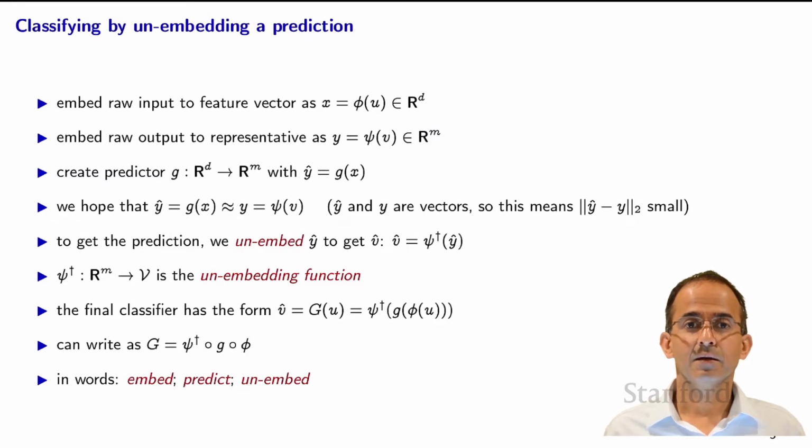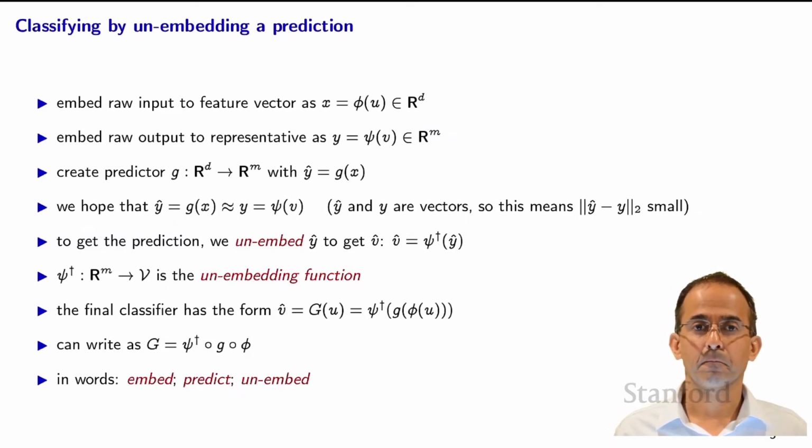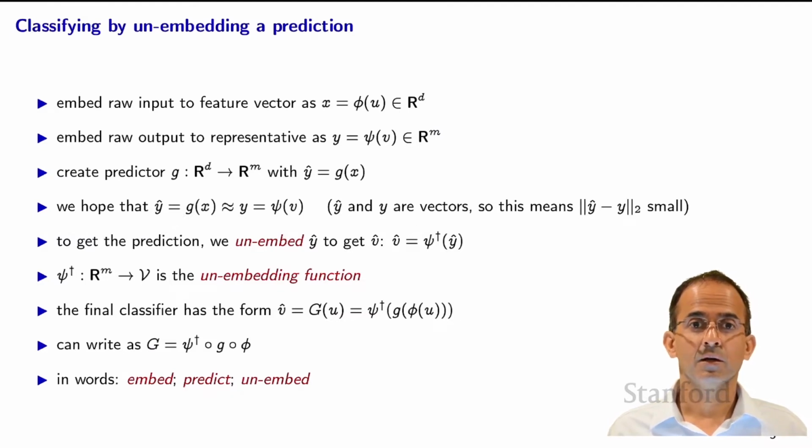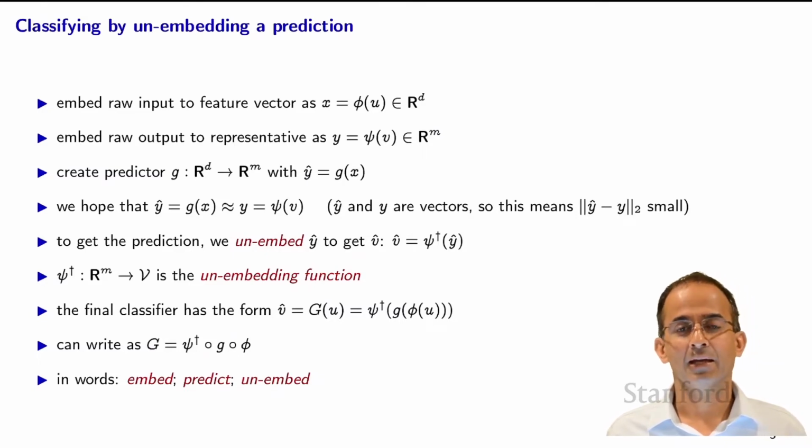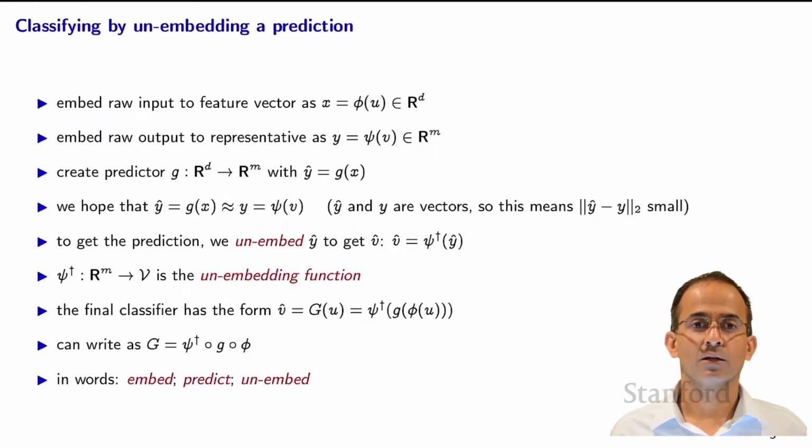And to get the prediction, we've got to unembed, we've got to pick a v hat corresponding to the y hat. And we're going to define a map psi dagger, which takes vectors in Rm and maps them back into the target set script v, the un-embedding function.